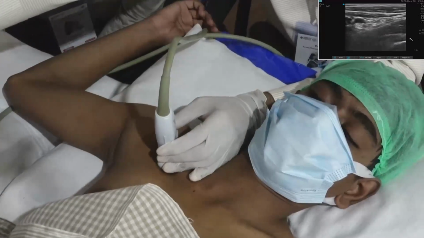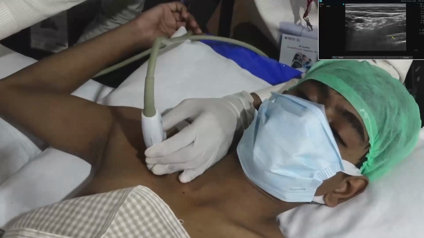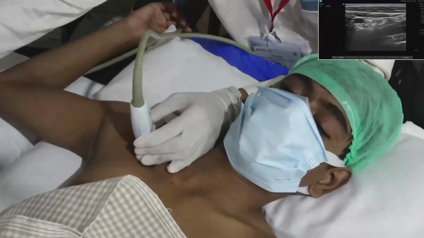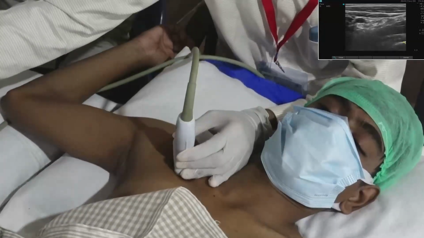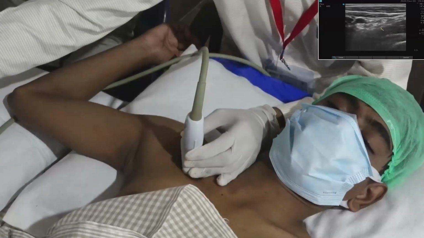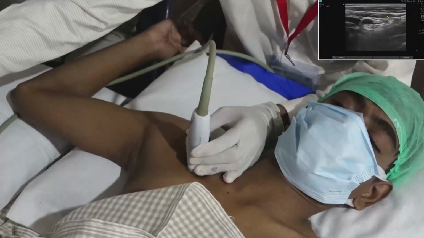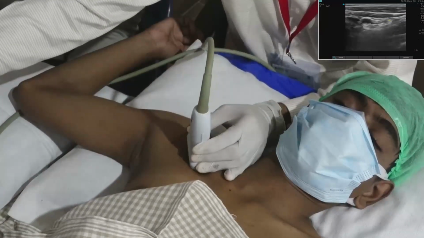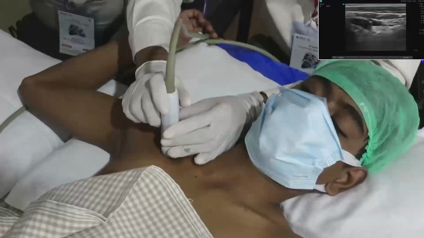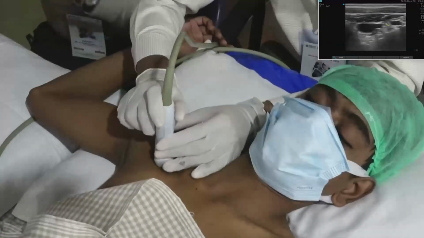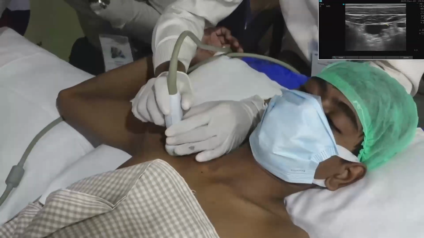If you are able to see the serratus anterior muscle lying over the top of the ribs, and you see serratus anterior, pectoralis major and subclavius muscle, then usually we see the cords in a proper manner. If you are scanning a little more down, the components are a little altered.